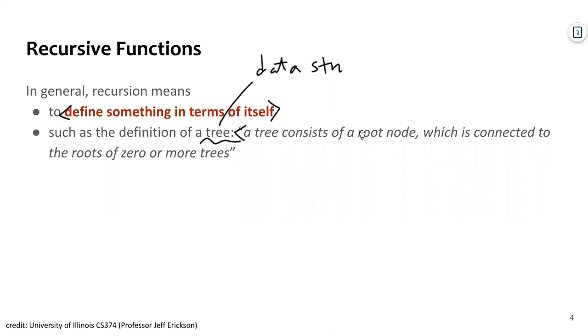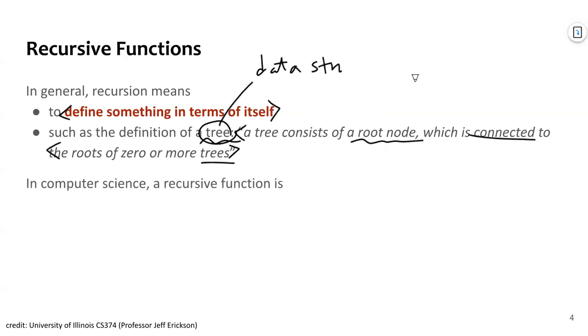A tree consists of a root node, which is connected to the roots of 0 or more trees. So the definition of a tree contains the term tree. This is how we define something in a recursive way.